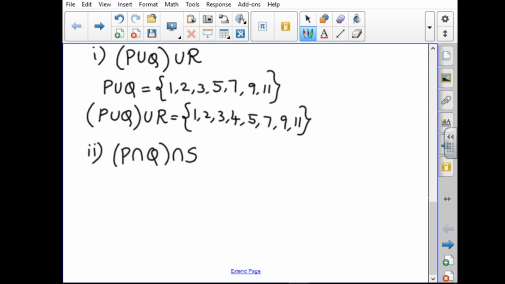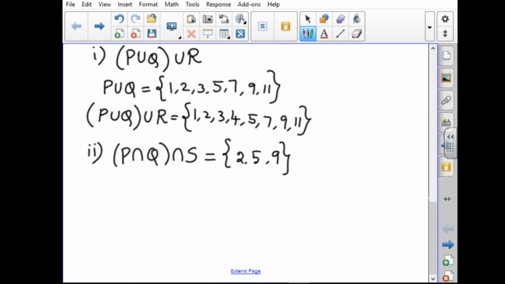Intersection means the common elements of P and Q. So what are the common elements? 2, 5 and 9.